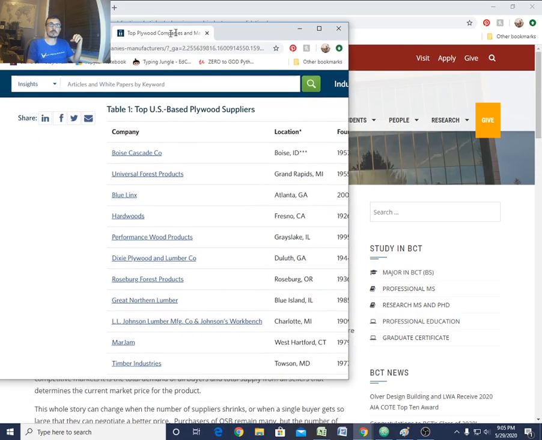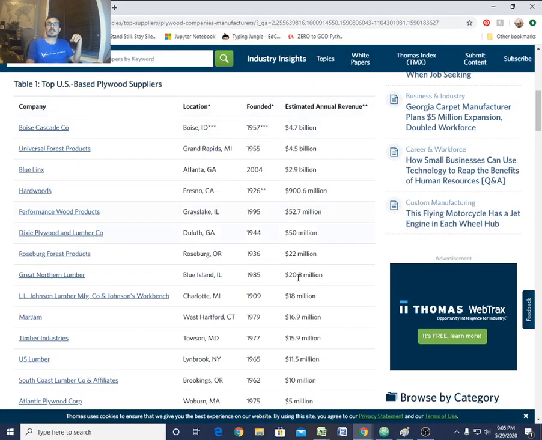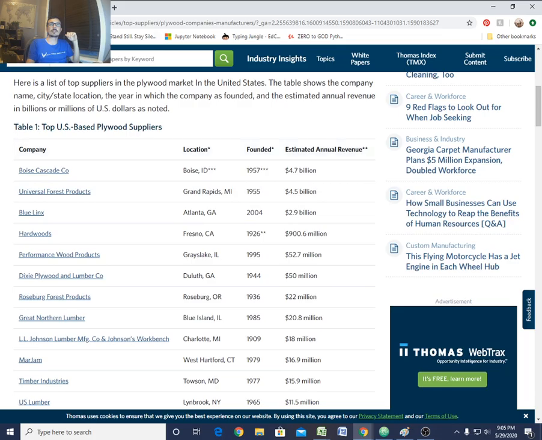So what I was able to find is this list here, thomasnet.com. Thomasnet is a really cool tool that shows you where things are manufactured.